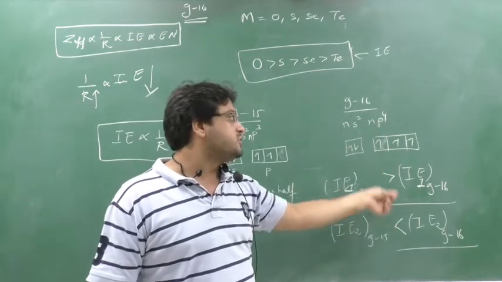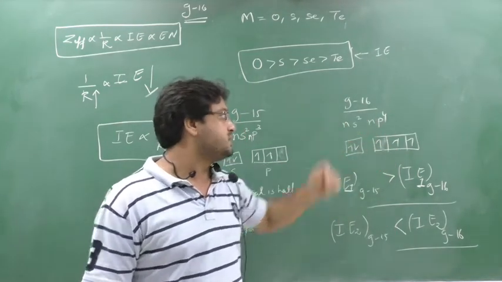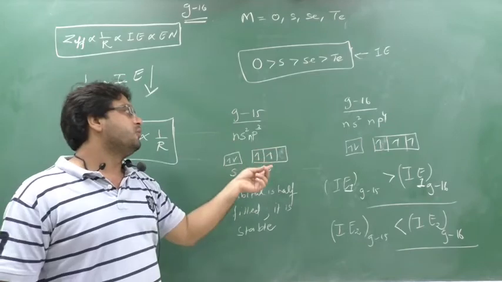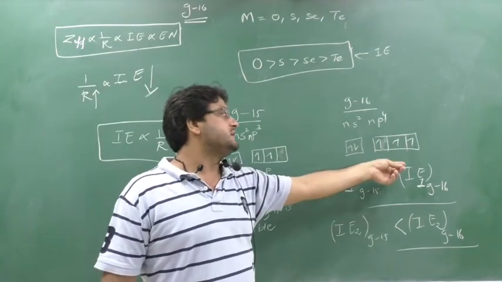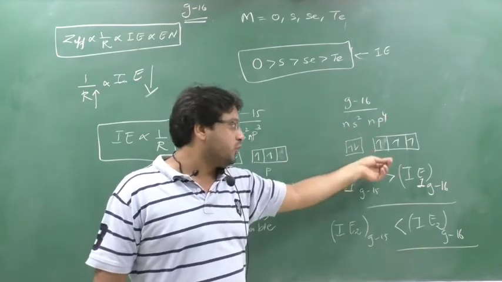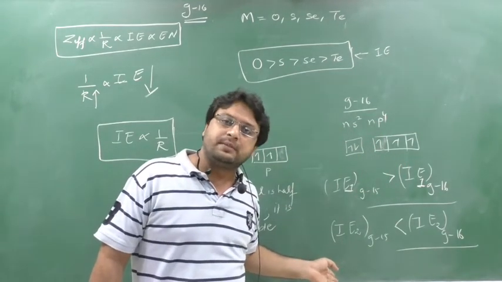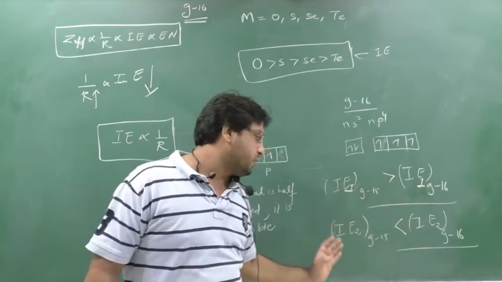Hence the second electron is removed from a half filled orbital in group number 16, whereas in group number 15 it is not a half filled orbital. So the second ionization enthalpy of group number 16 is more than group number 15.